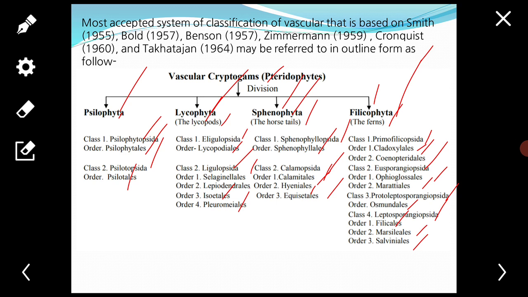Gametophyte may be exosporic or endosporic. Antheridia and archegonia are partially or completely embedded in the gametophyte. Anthrozoids are multiflagellated. Embryogeny largely endoscopic. Embryo may or may not have suspensor.